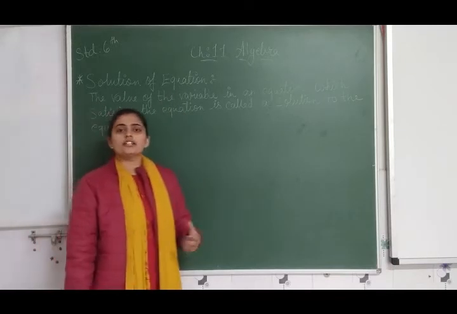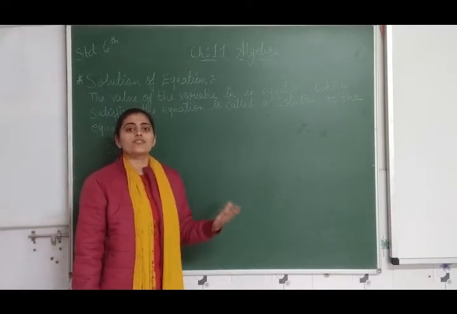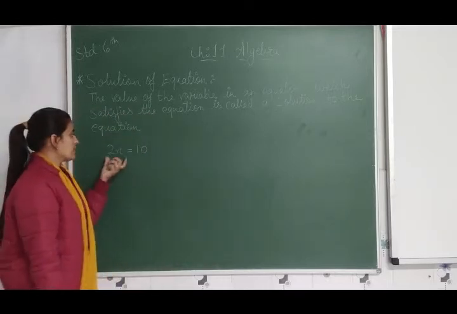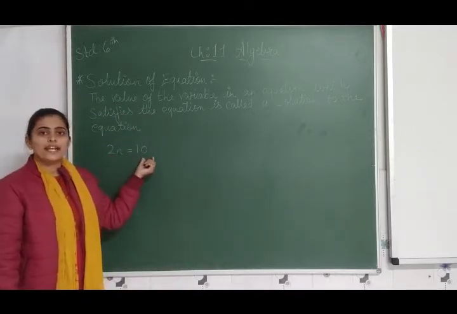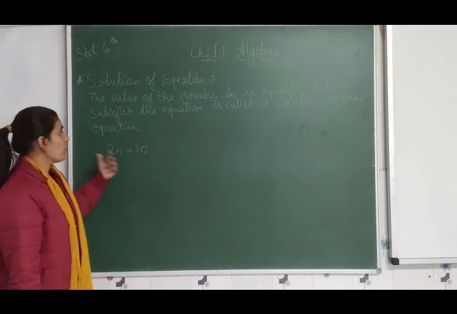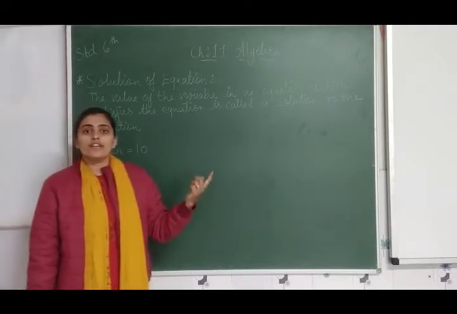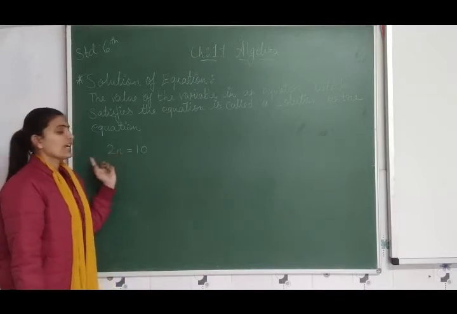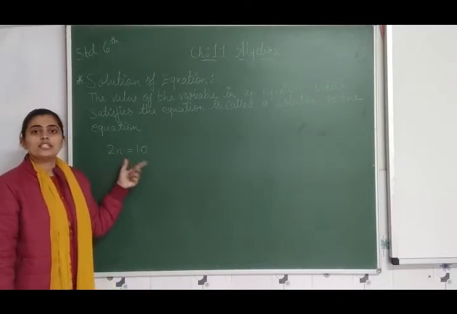We learned about equations. Now equations also have some solution. So here an example is 2n is equal to 10. Now what is the solution of this equation? What value of n will you put in this equation so that it satisfies and LHS and RHS become equal?